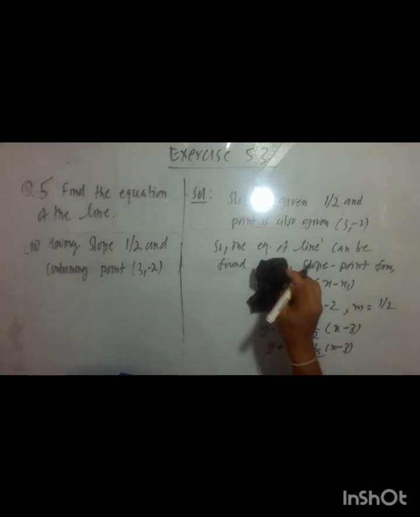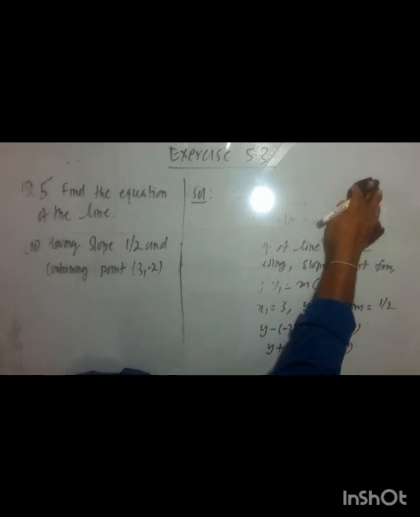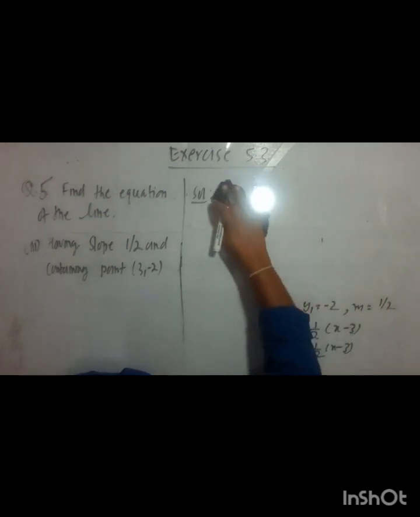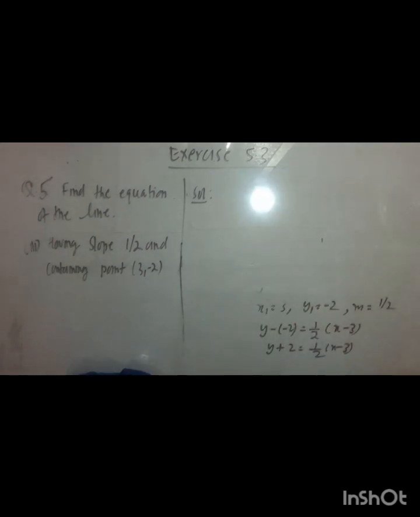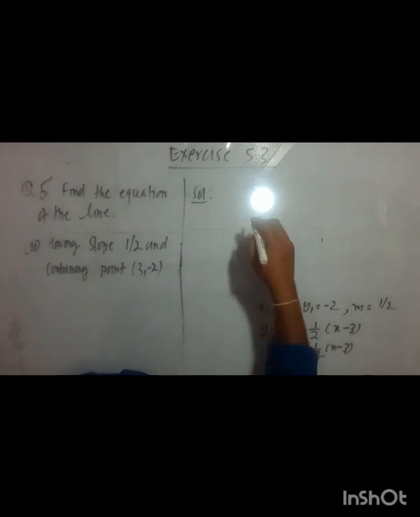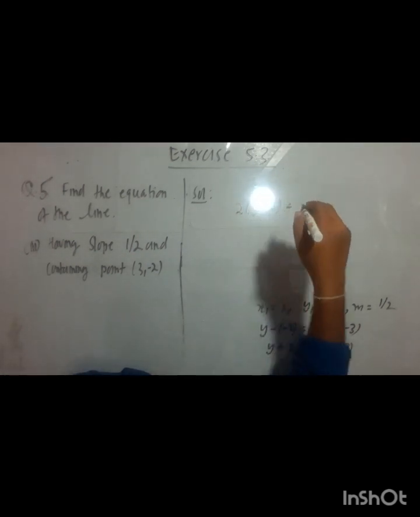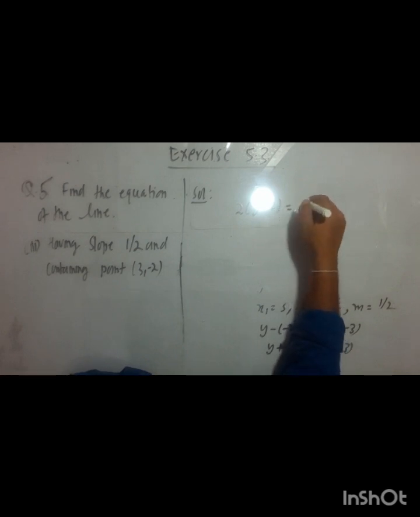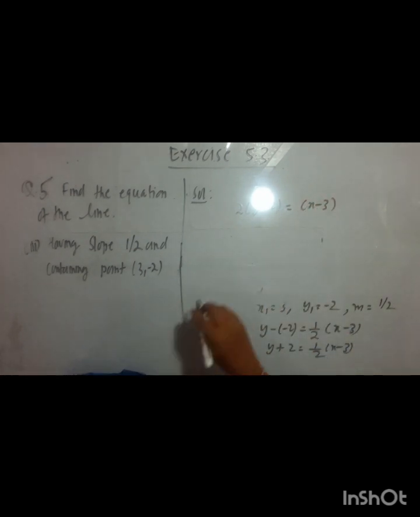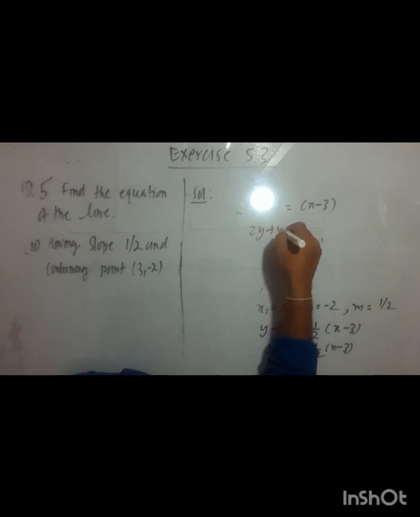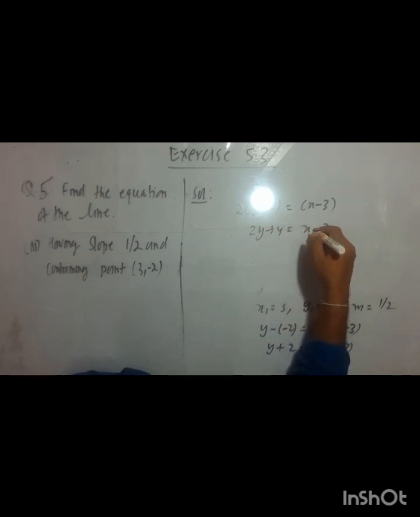If we solve further, what will we get? Cross multiply, so it will be 2 times y plus 2, which is 2y plus 4, is equal to x minus 3.